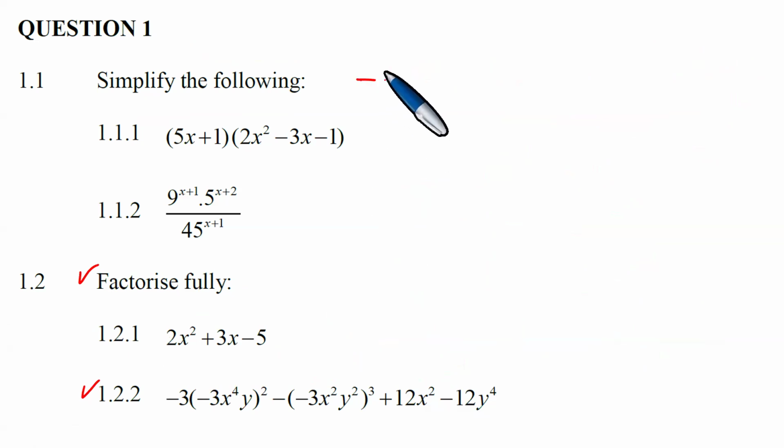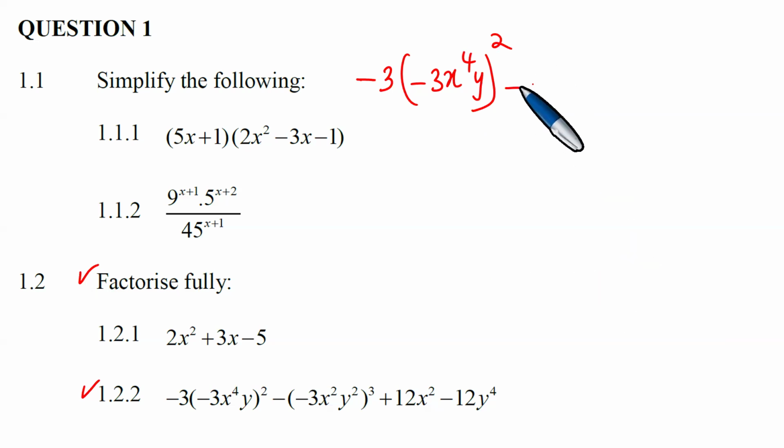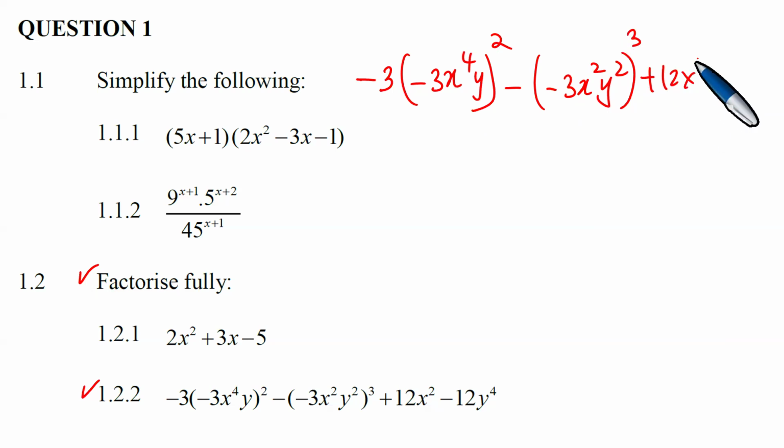We've been given negative 3, open parenthesis, minus 3x to the 4th power y to the power 2, and then there is a negative, open bracket, negative 3x squared y squared cubed, plus 12x squared minus 12y to the 4th power, like so. So now, what do we do here? Because now we need to factorize this one.